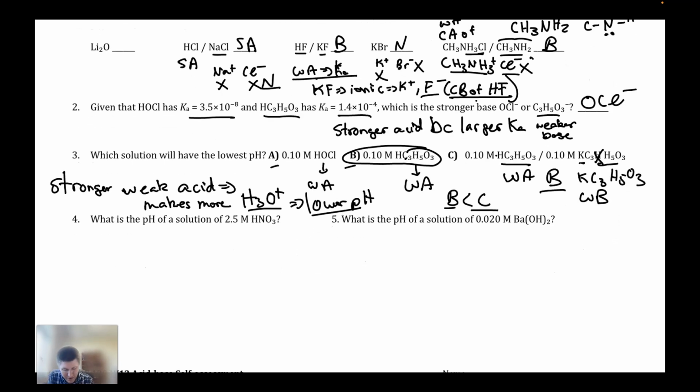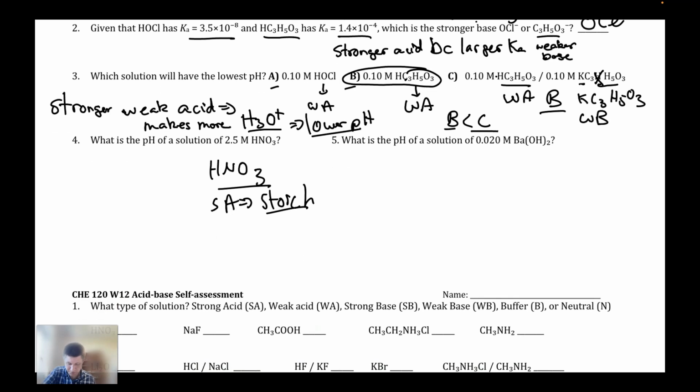Okay, for 4 and 5, HNO3 is not weak, that's one of our 6 strong acids, so we can just use stoichiometry to get the pH. 2.5 molar HNO3 means that when we put that into solution, we'll get 2.5 molar H3O+.